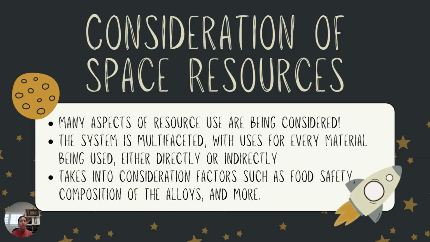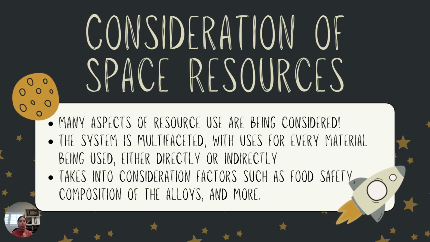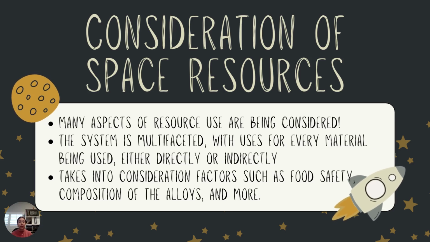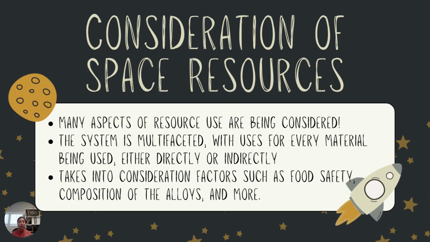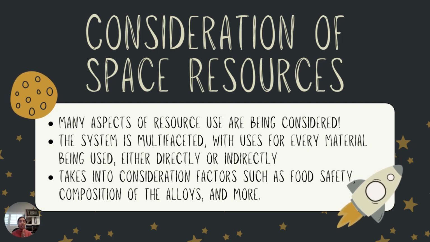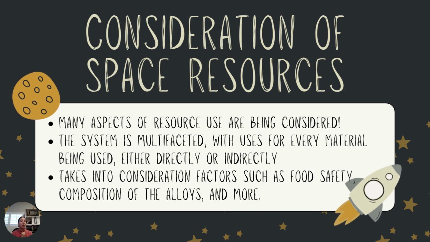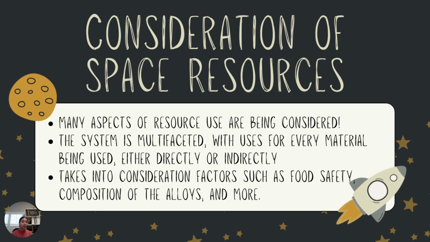And all of these considerations together are definitely a really great way to look at the problem as a whole. And I would argue that the team in charge of this really did a great job of coming at this from a multifaceted angle and considering everything that they had to make this project successful.